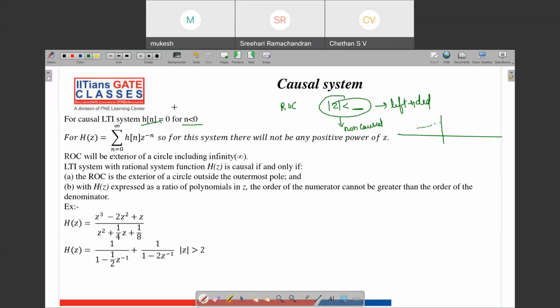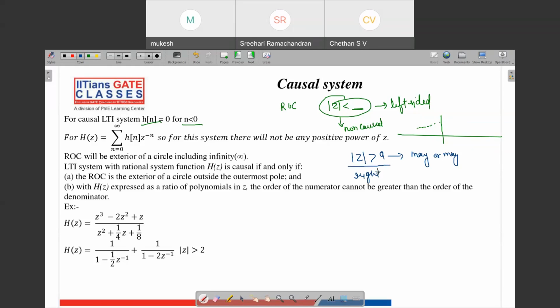Now when the ROC is of this form, the system may or may not be causal. It depends on where the signal is starting. When the ROC is in this form, we know that the signal will be right-sided.